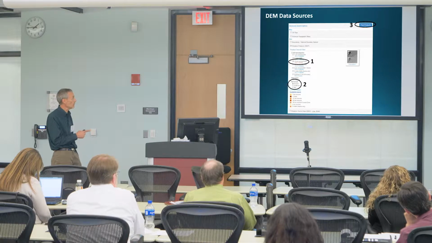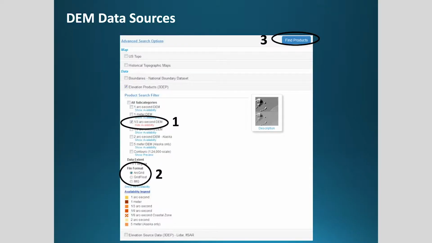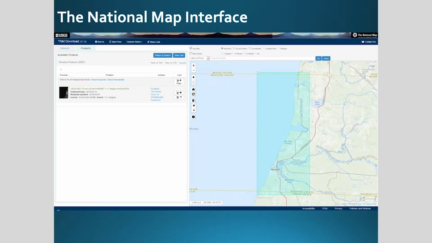We wanted to use the 1/3 arc-second DEM, which when you download it and start using it is roughly a 10 by 10 meter pixel resolution. The manual, again, asks you to download an arc grid, although you could do things with the IMG. I've used that before, but I've not used grid float.